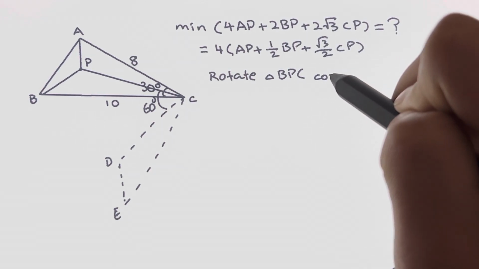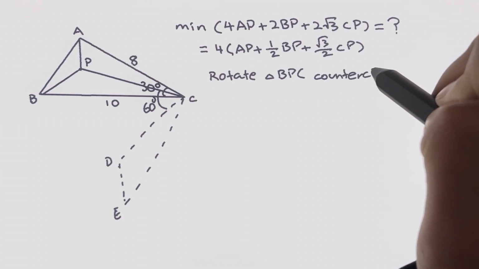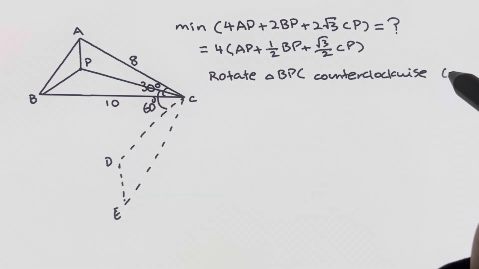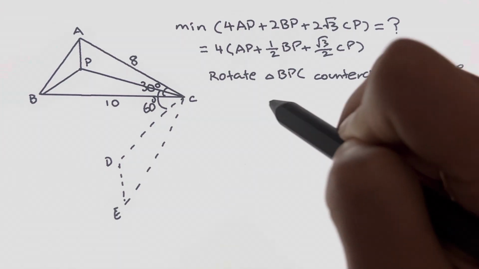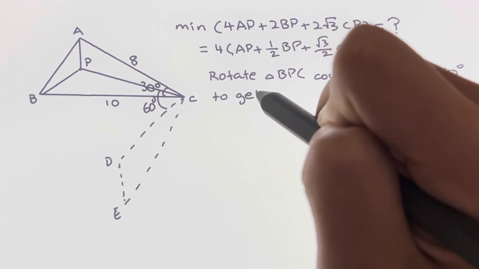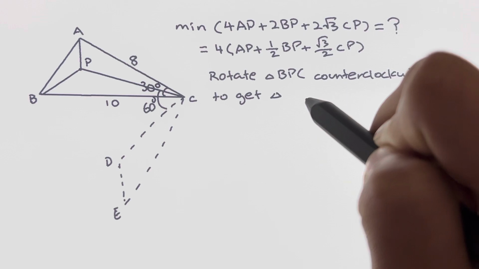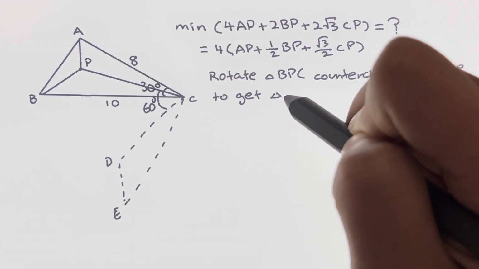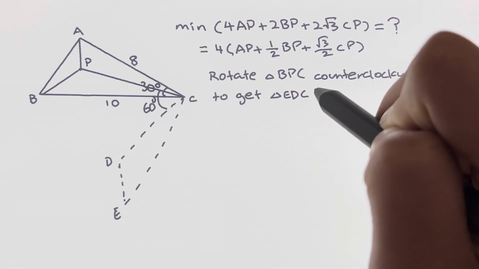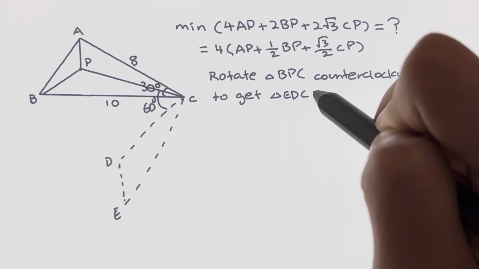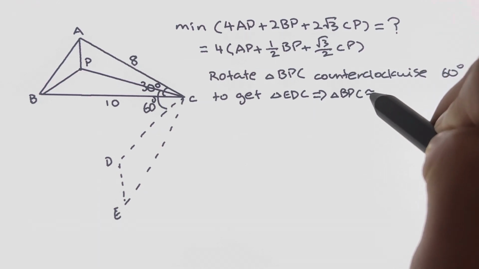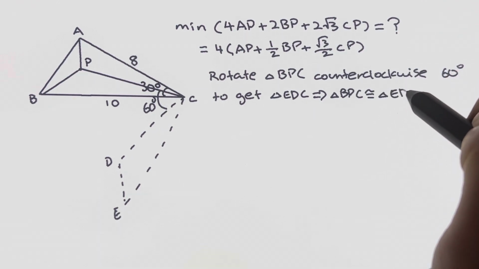So rotate triangle BPC counterclockwise by 60 degrees to get triangle EDC. So by rotation, we get that triangle BPC is congruent to triangle EDC.